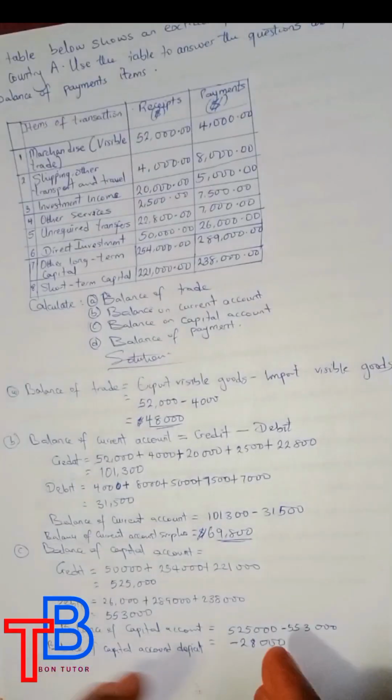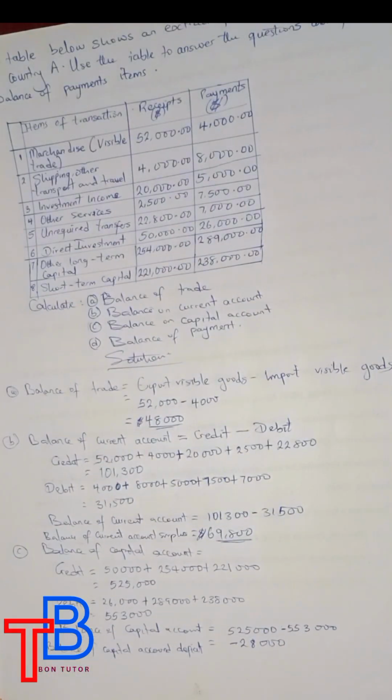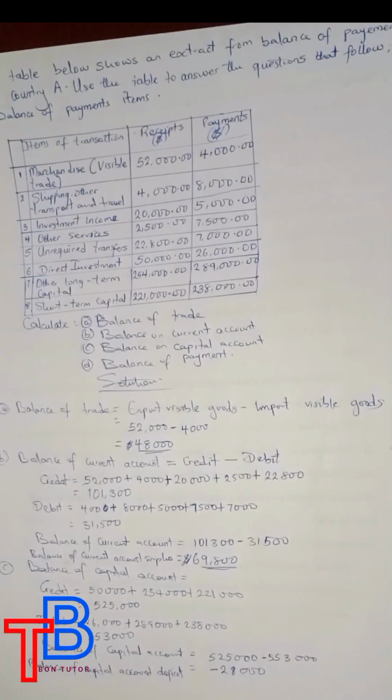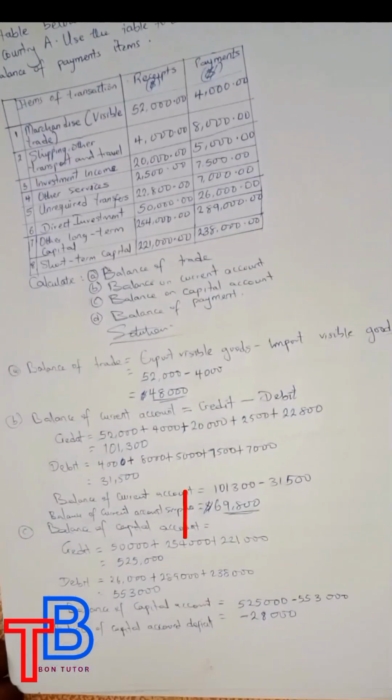This one is surplus, this one is deficit, because surplus means at the end of the day there is still profit on the ground. That is, the money you gain from your export is larger than the one you have with your import.